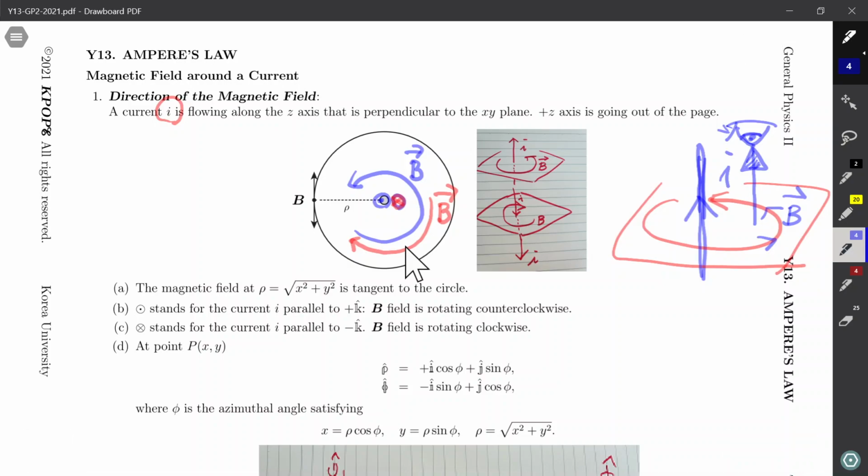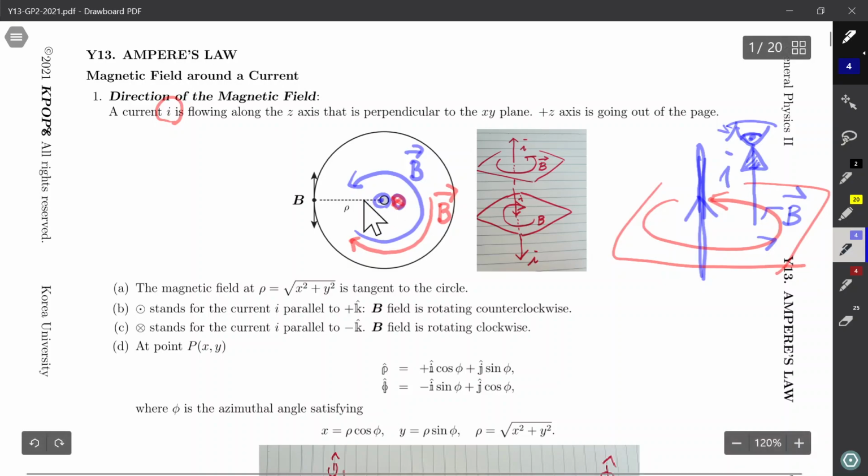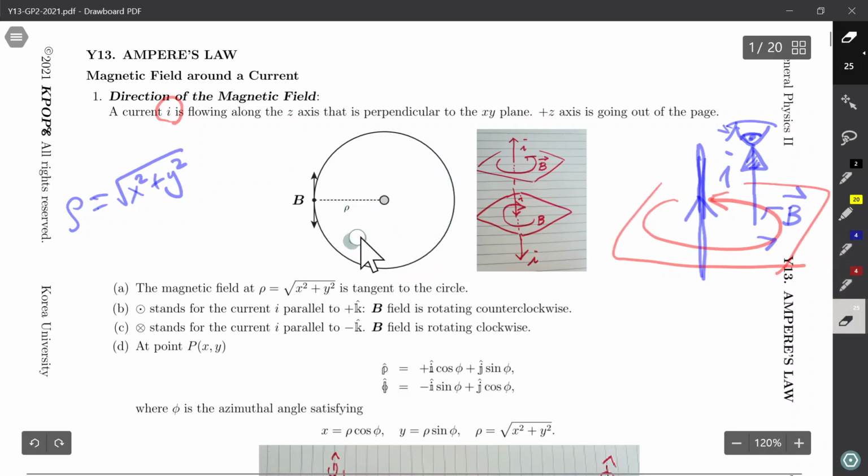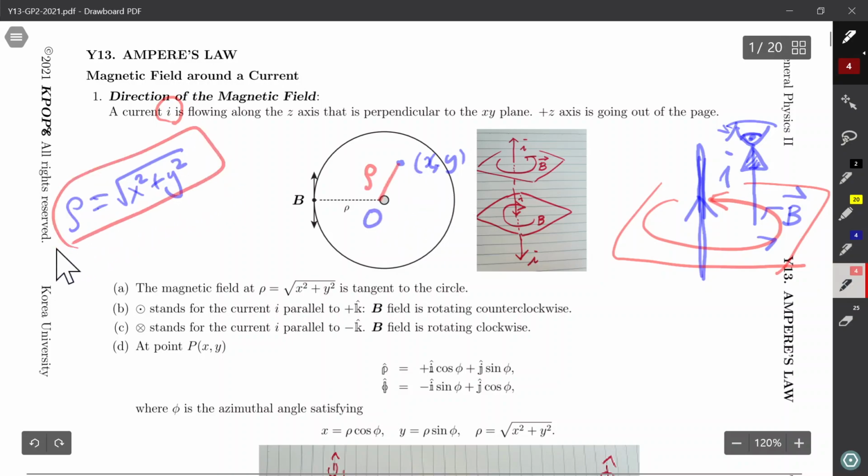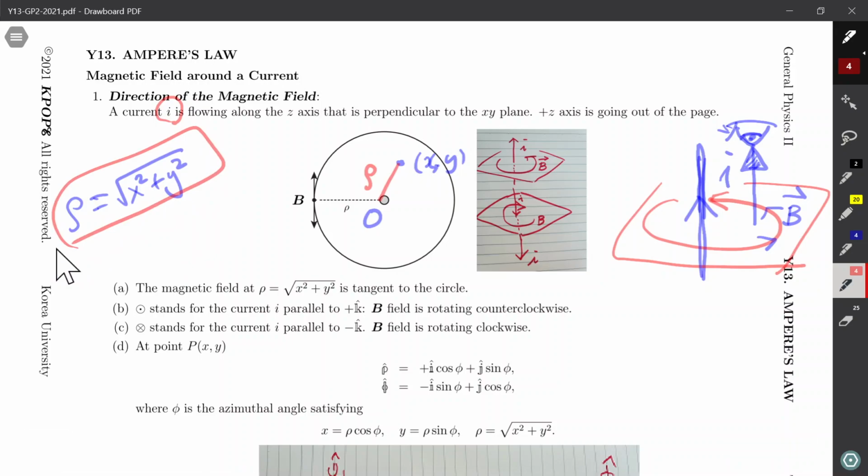In addition, the strength of the magnetic field decays with the perpendicular distance rho. This rho is the square root of x squared plus y squared, where x, y are the coordinates on this xy plane, and the origin is there.